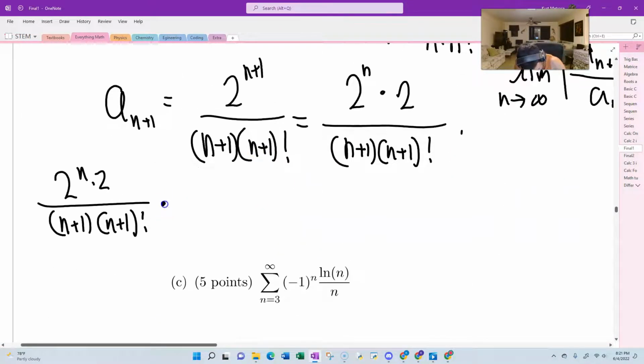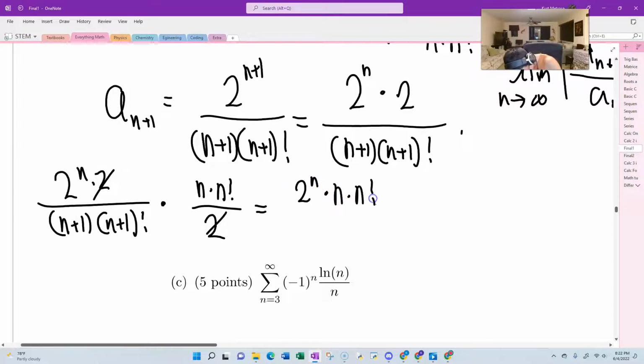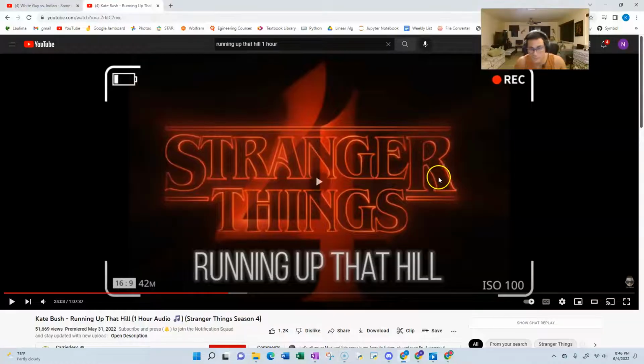So now I know it's 2 divided by n factorial. So you can see the 2's can go away. Then you're just left with 2 to the power n times n factorial divided by n plus 1 factorial.